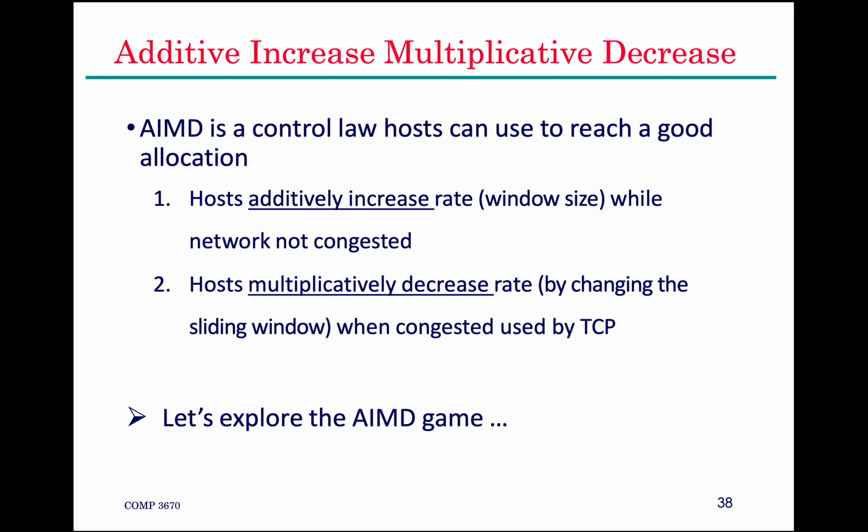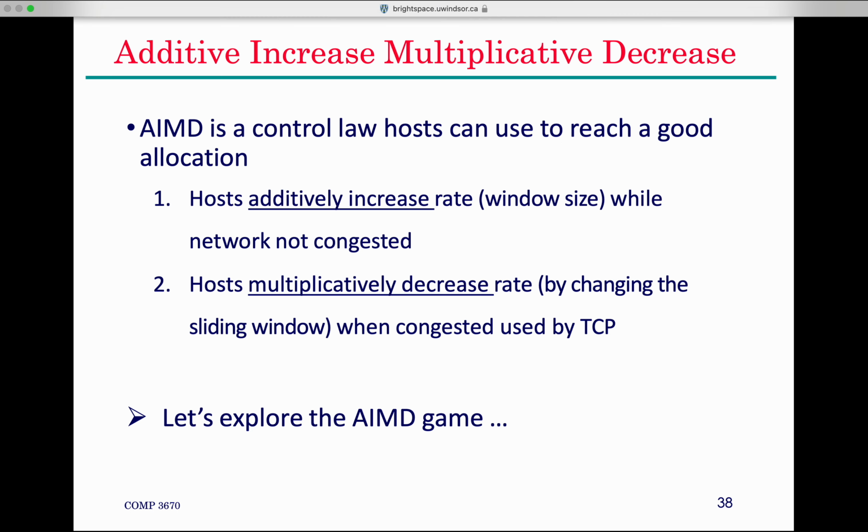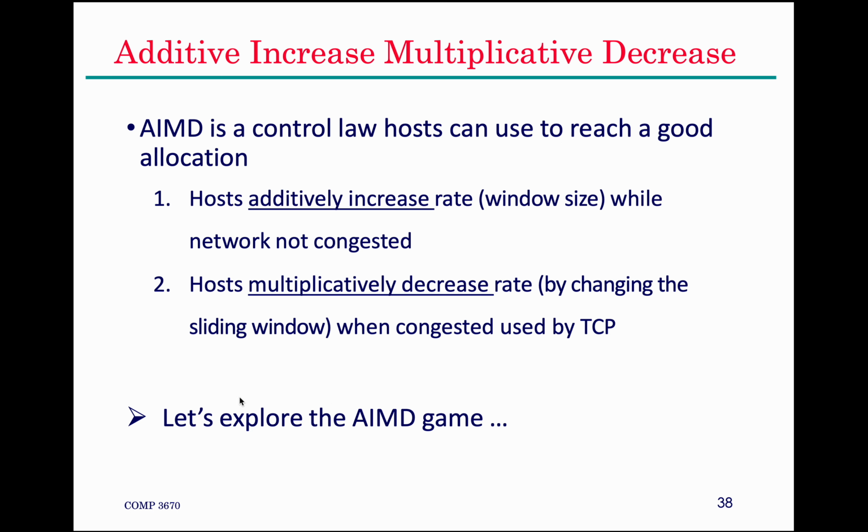So all the host really does is keep increasing the amount of load that it's sending on the network, as long as there's no feedback telling it that the network is congested. So the host is going to keep on increasing the load, just waiting to get any feedback from the network layer to tell it that there's a congestion happening.